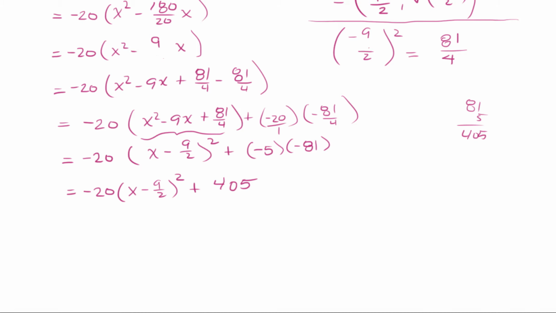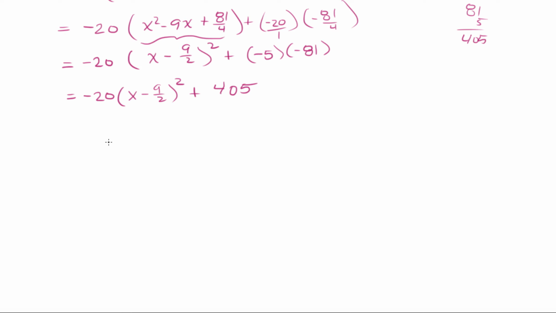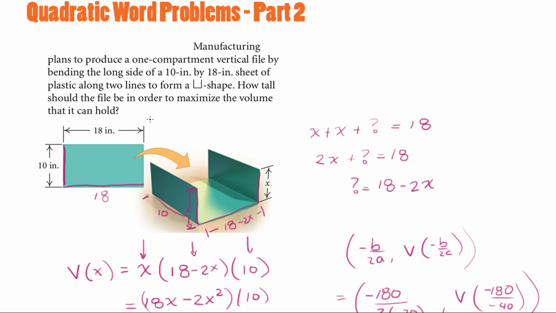Now, let's verify everything is good. So the vertex is going to be 9 over 2, comma, 405. Now let's try to answer the question. How tall should the file be in order to maximize the volume that it can hold?